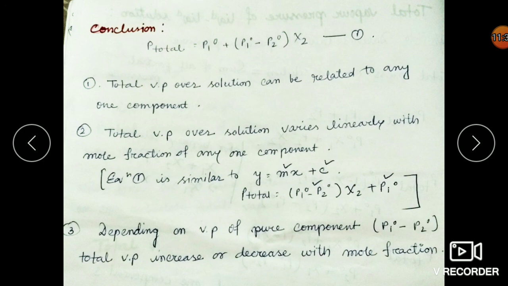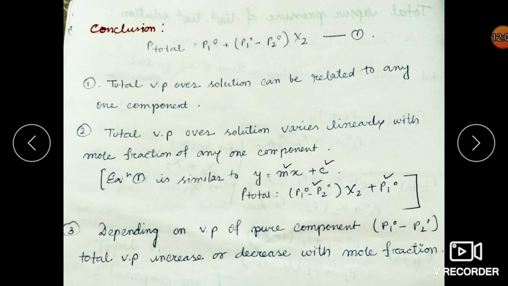Next, this equation 1 is very much similar to a linear equation, that is y equal to mx plus c. So here you see P total is y, and your equation is P total is equal to P1 naught minus P2 naught into x2 plus P1 naught. M and c are constant, same as P1 and P2. So this equation is same as y equal to mx plus c, which is a linear equation.